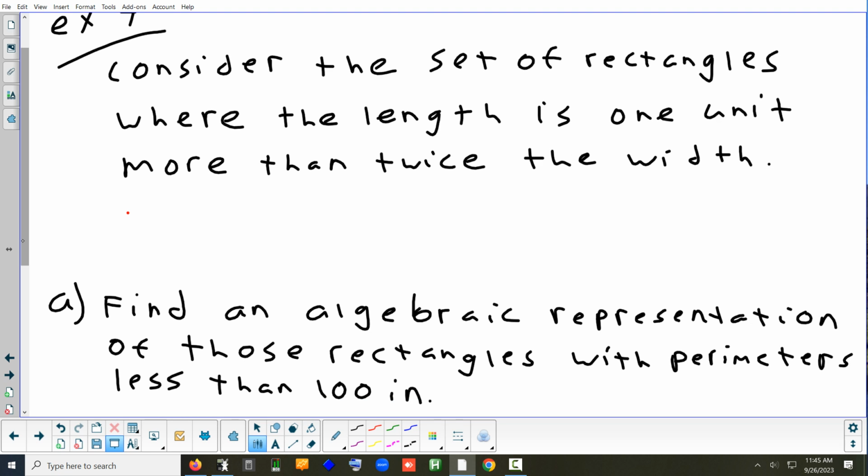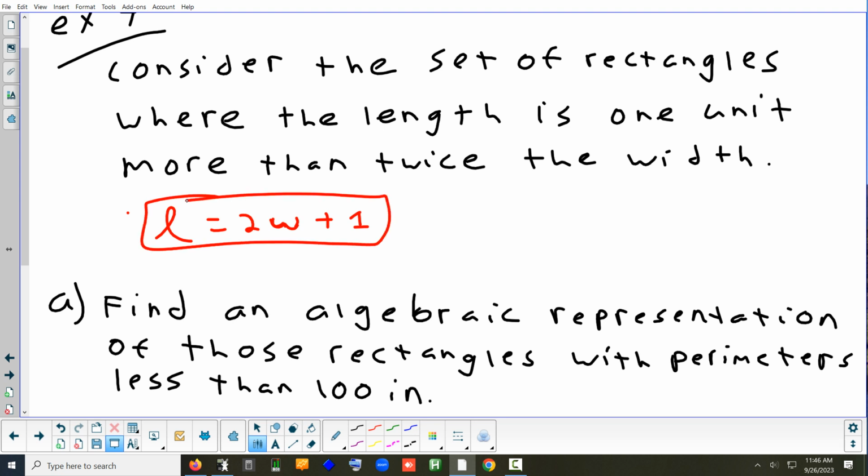It says to think about the rectangles you have where the length is 1 unit more than twice the width. I don't know if we're going to need to translate that, but let's just translate it anyway. How would you write down the length is 1 unit more than twice the width? I'm not sure we'll need that, but I'm guessing we probably will.